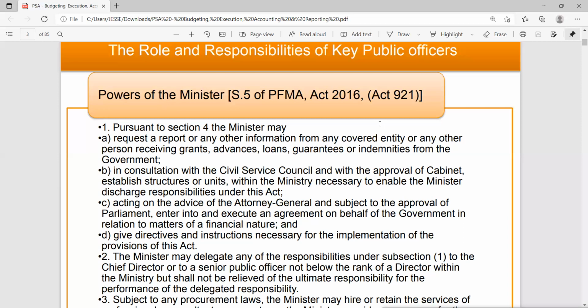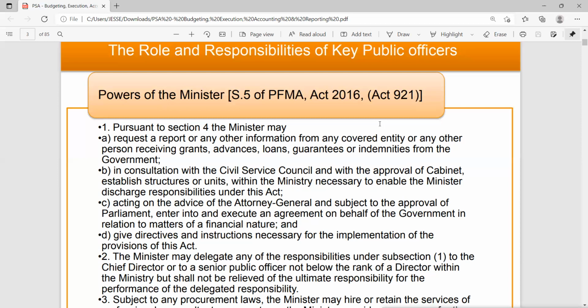C, acting on the advice of the Attorney General and subject to the approval of Parliament, enter into and execute an agreement on behalf of the government in relation to matters of financial nature.